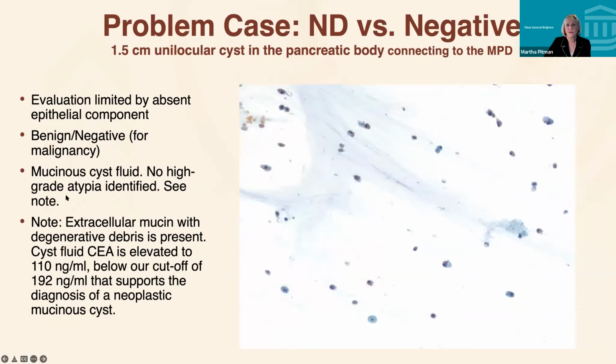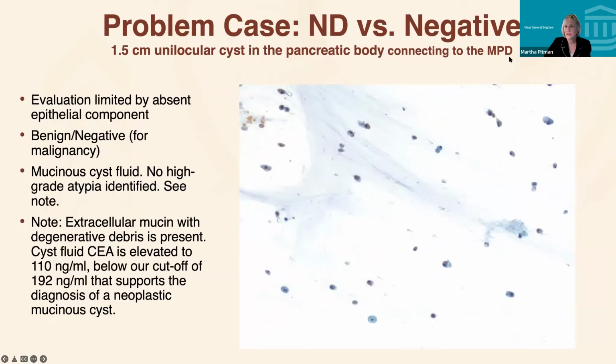Here's another example. What do you say, non-diagnostic or negative? Sometimes we may not be able to give a specific diagnosis, but we'd like to maybe tell them a little bit more information that helps them manage the patient. For example, this 1.5 centimeter unilocular cyst in the pancreatic body, they see has a connection to the main pancreatic duct.